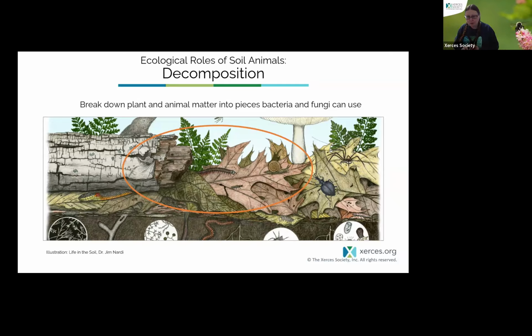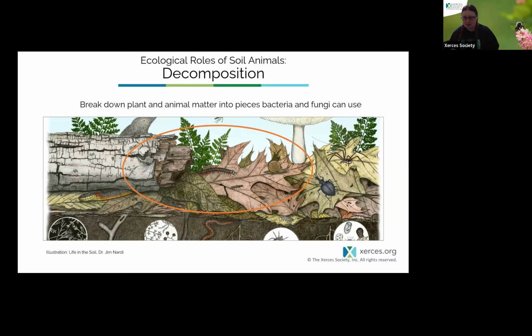So things like earthworms and ants and termites are really important soil engineers. And for example, the population of bacteria increases significantly on matter after it passes through a soil animal. So even their behavior of eating is important here, right?